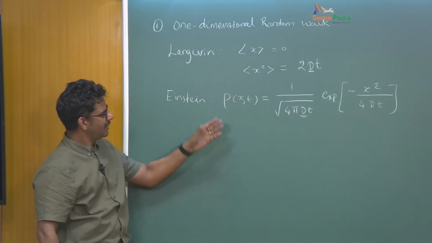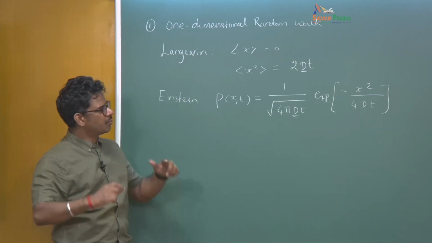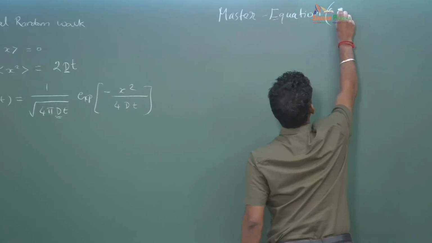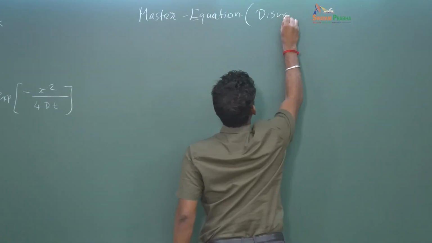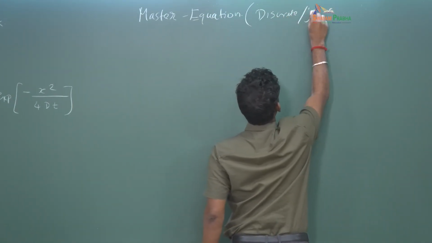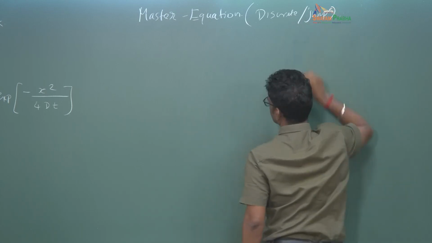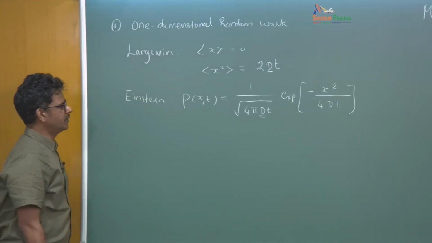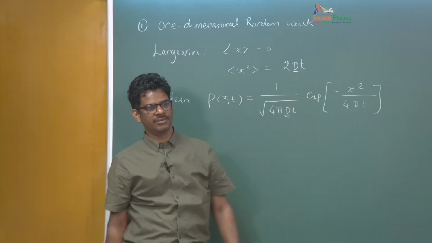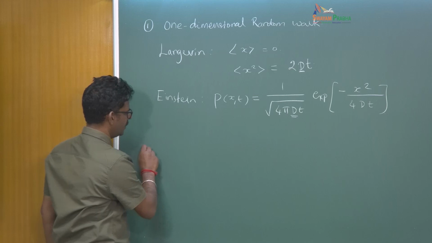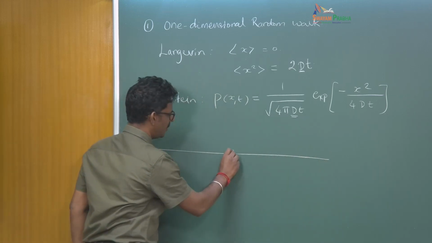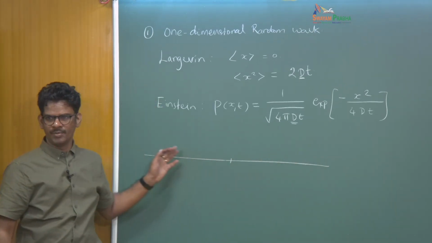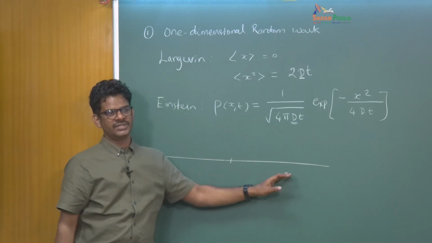So now we want to relook at this same problem, but more from a discrete point of view, because master equation is used for discrete or jump processes. If you want to convert this problem into a jump Markov process, we take the spatial domain, which is continuous, and we try to discretize this.